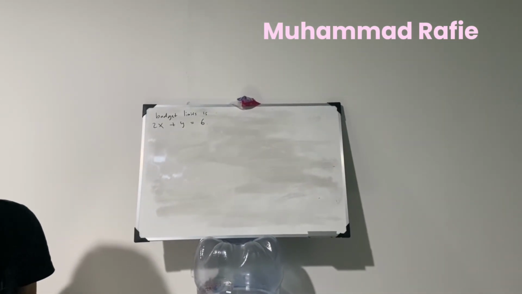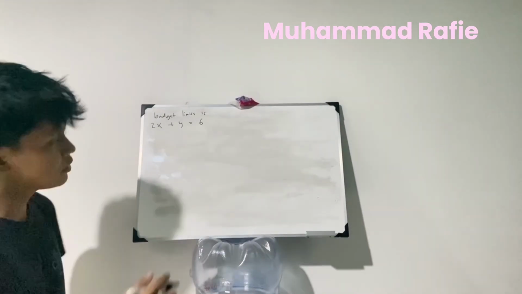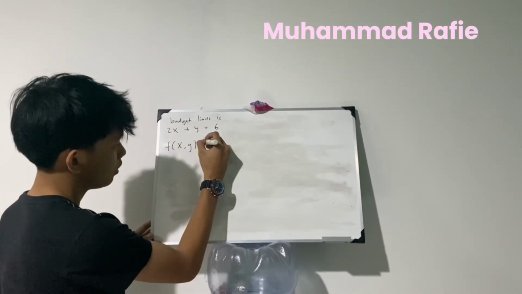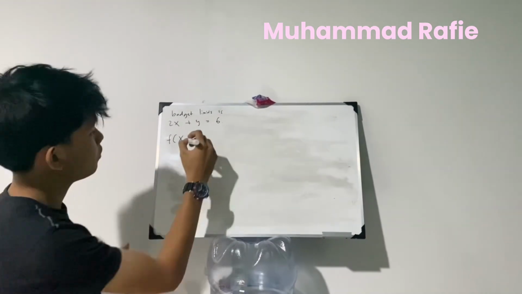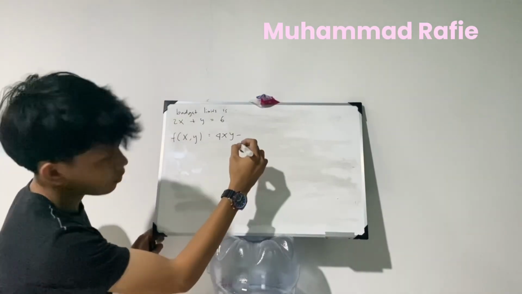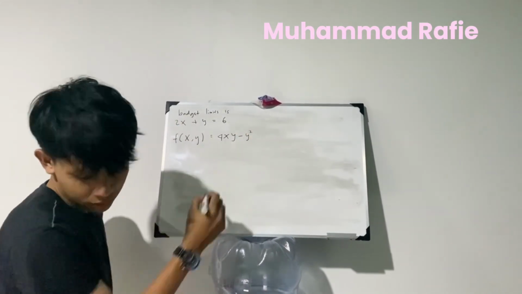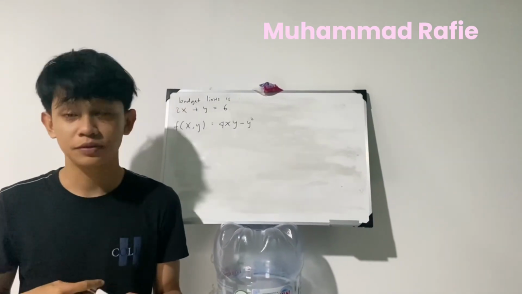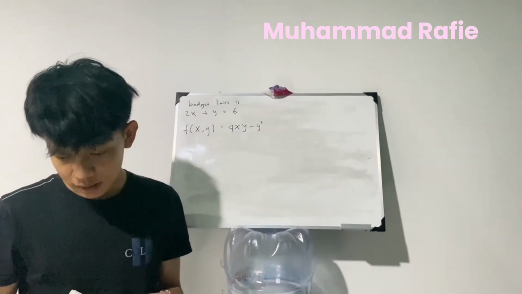So step 2, the function you want to optimize is f(x, y) equals 4xy minus y squared. Now you must add the constraint with the Lagrange multiplier lambda.